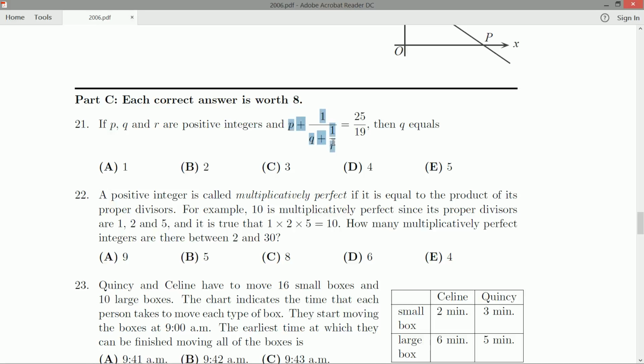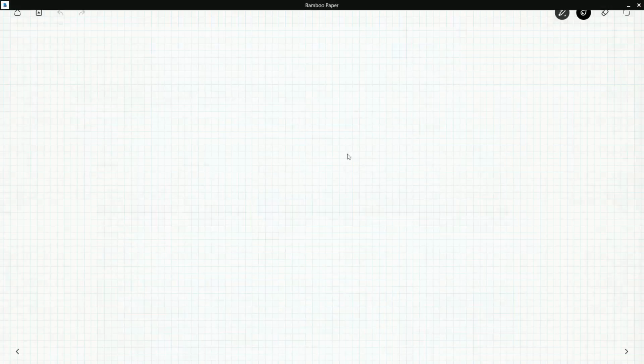I think there's sort of 2 approaches to this one. You could probably put the Q down here as QR over R, add those up, flip it, and you could probably work it out that way. Or we could make a nice little observation. If we go to our notepad, we know that each of these P, Q, and R are positive integers.